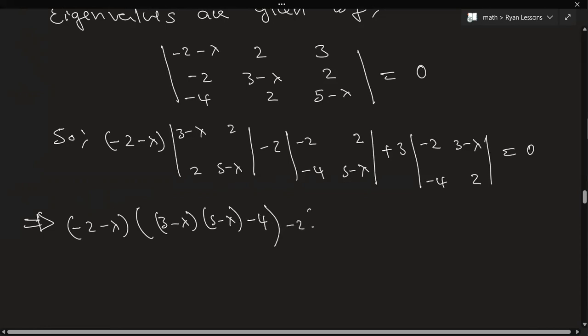Then with negative 2, multiplying that out, we get 2 lambda and then minus 10, but there is one part where we get positive 8, so we get plus 2 again. I think I'm correct there if I'm not mistaken. Then plus 3.